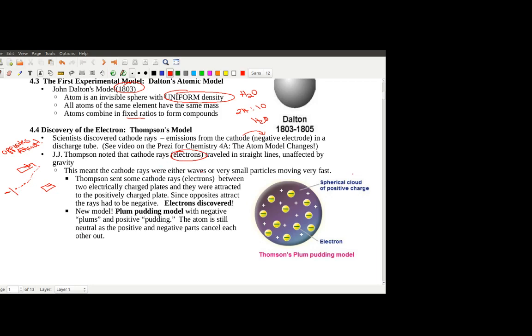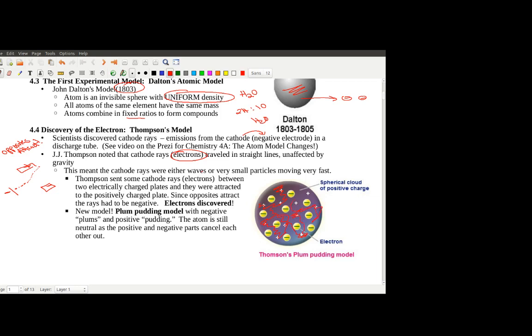So now we had to change our model, because before we had this solid sphere, but now we realize that things shot out of it, and the things that shot out of it were these little negative bits. And these little negative bits were inside the atom then. So we had a positive goop, all this stuff around these negative bits. Think of it as like Jello almost. Okay, it's not really, but it was kind of like that.